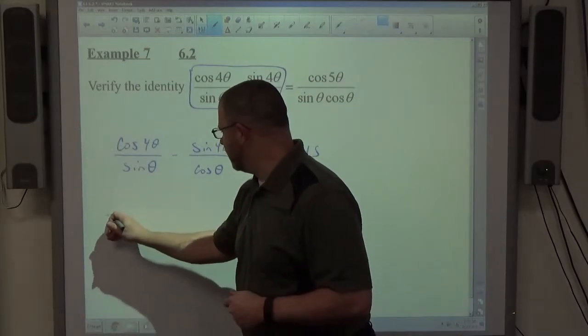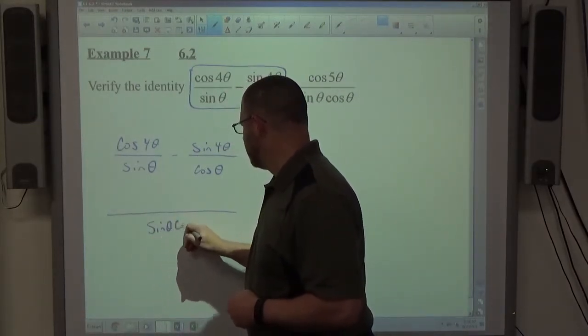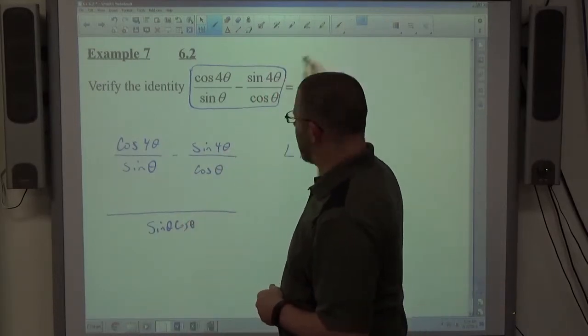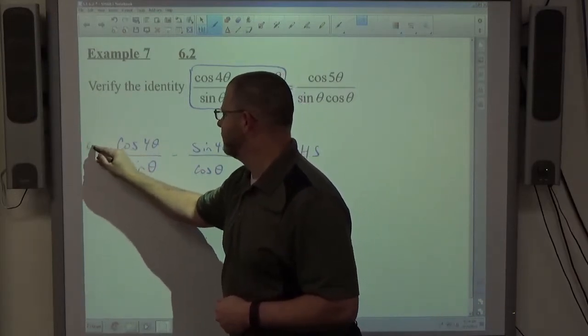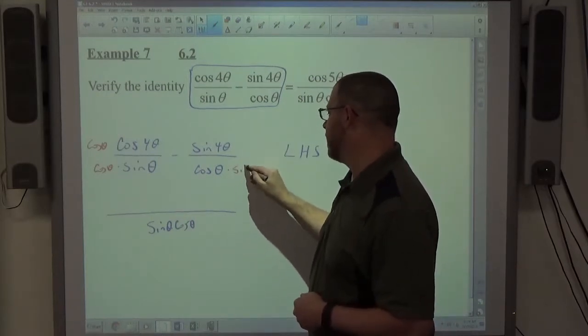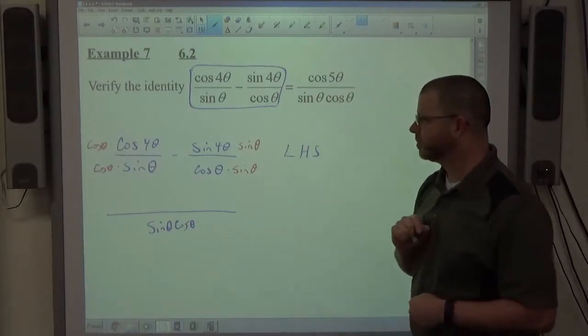So if I just create a common denominator of sine theta cosine theta, I would have to multiply top and bottom of this by cosine of theta to get the desired denominator. I have to multiply top and bottom of this by sine of theta to get the desired denominator, like so.